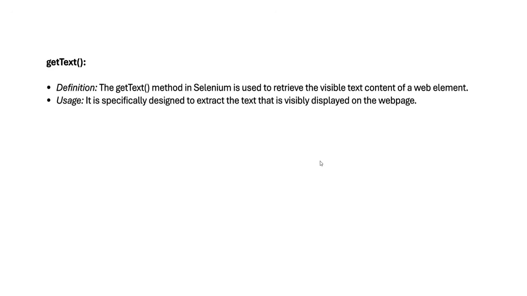For example, suppose you have a text, "Hi, welcome to software testing." This is a visible text, correct? That is getting displayed on the screen. So you can use getText at that moment to get the text of the element.